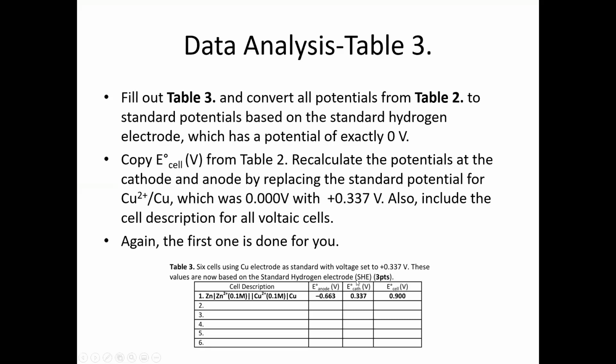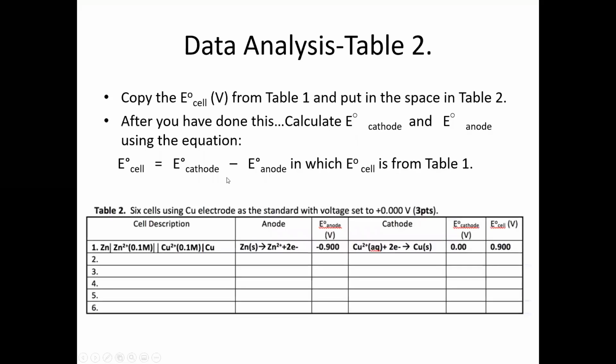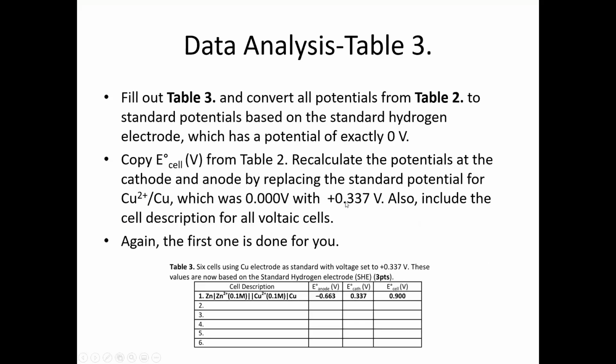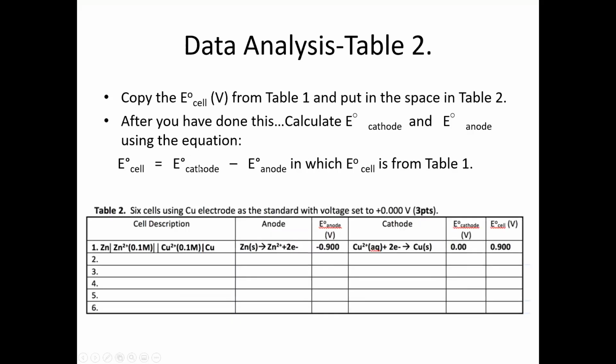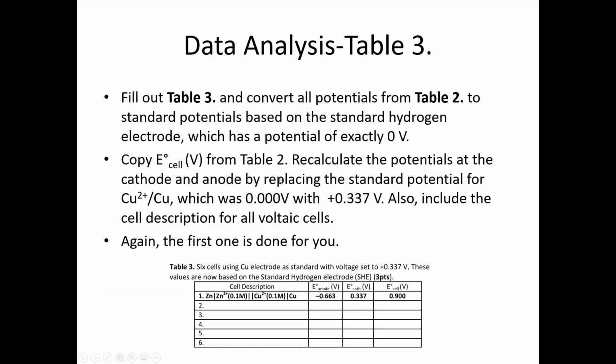We still apply the same equation as in table 2, but the copper here is no longer 0. It becomes positive 0.337, and the cell potential is still 0.9. Then we can calculate the new anode potential, which in this case is negative 0.663.